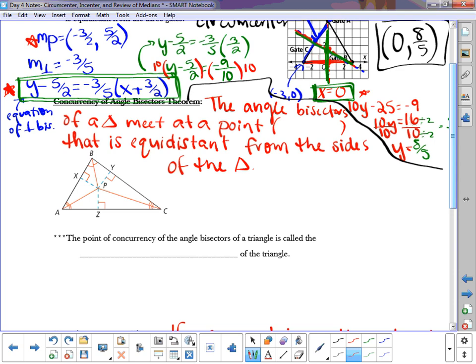So it's kind of similar to perpendicular bisectors in that it's equidistant, but it's equidistant from the sides rather than from the vertices.